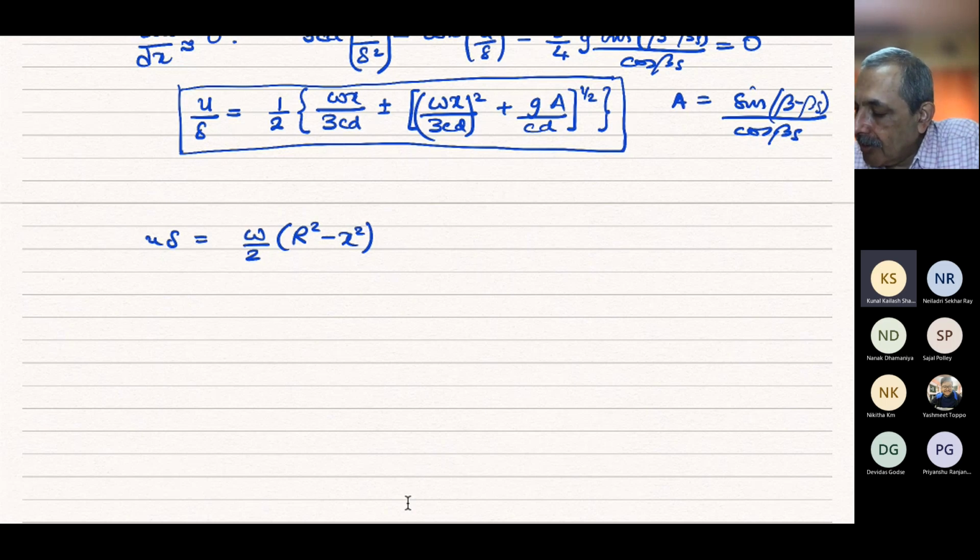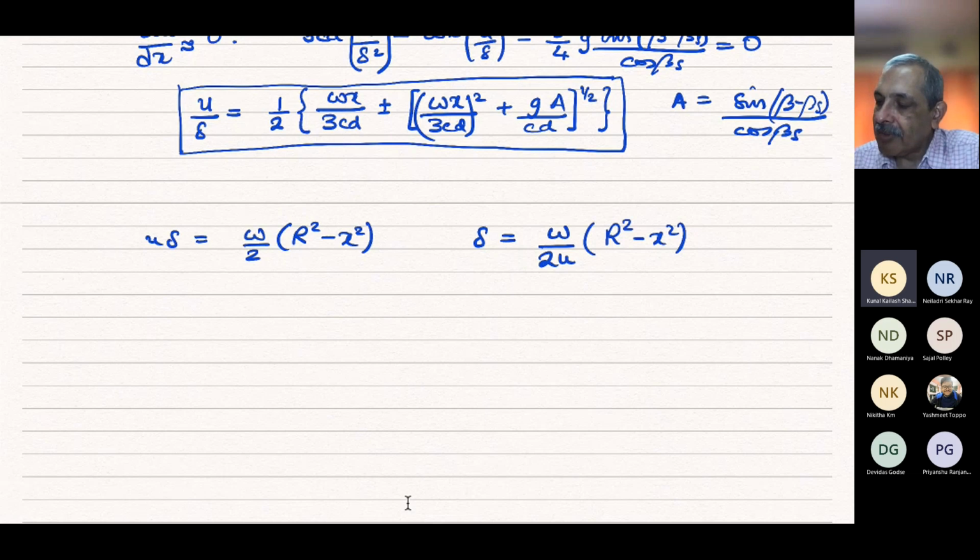So obviously delta is just equal to omega by 2u into r squared minus x squared.